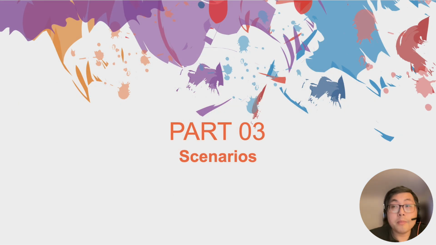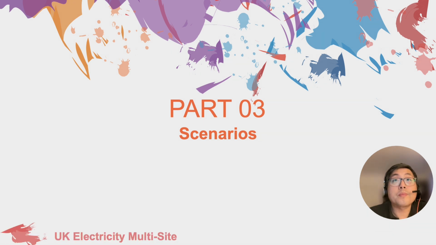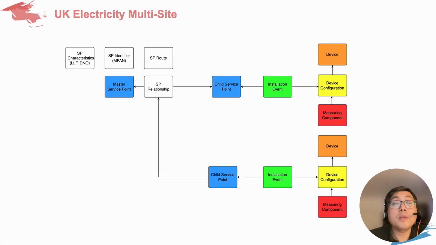Okay, so let's look at some scenarios. The first I want to talk about is the electricity multi-site. In the UK, for example, if you have a service point, you might just have a single MPAN, but you actually have multiple meters on this MPAN.